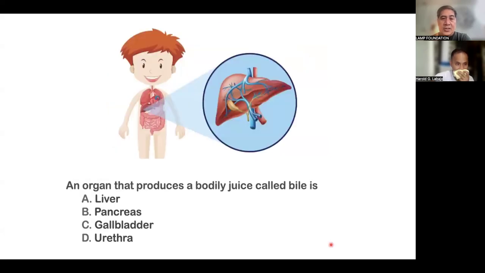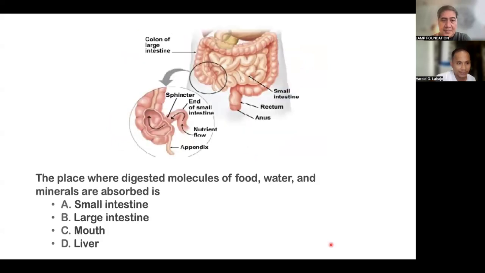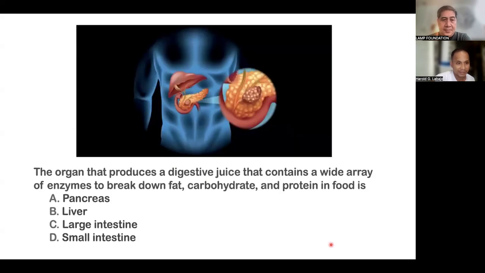An organ that produces a bodily juice called bile is? Liver. The place where digested molecules of food, water, and minerals are absorbed is? Small intestine.